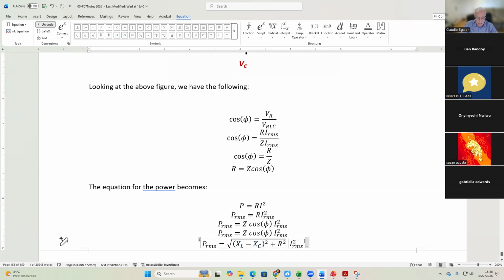Let me put cosine of phi at the end here. If phi is 90 degrees, the power is going to be 0. If phi is 0 degrees, then we have only the resistor in the circuit. And now we are done.